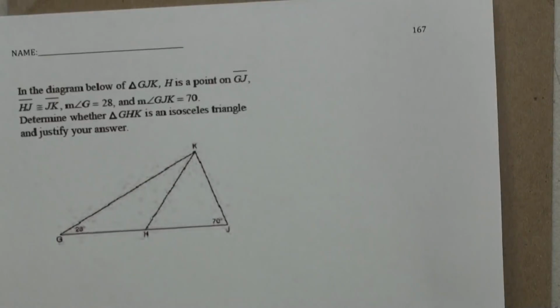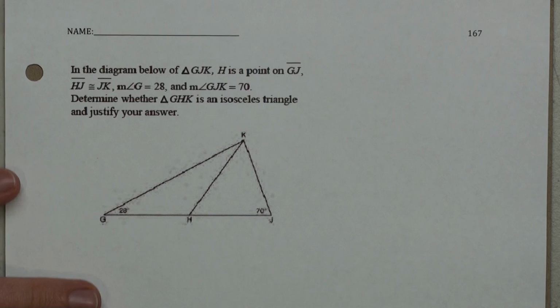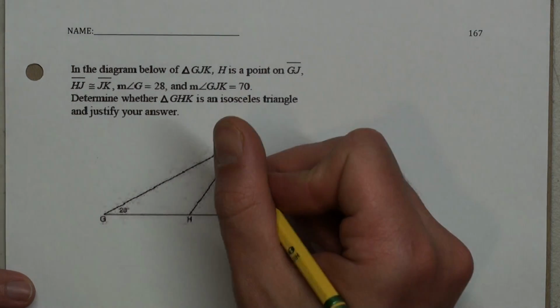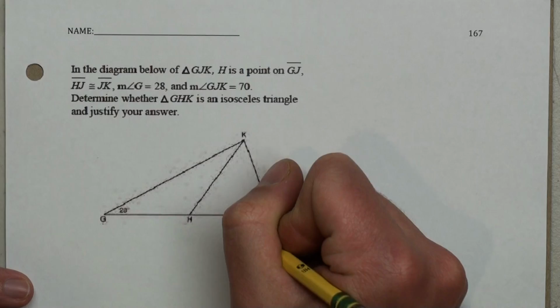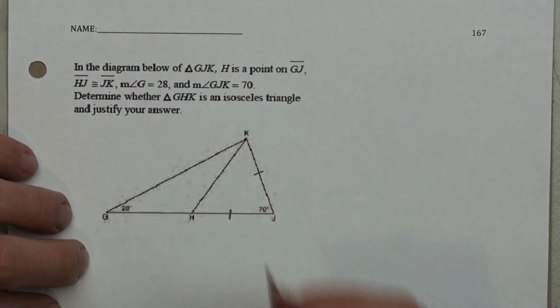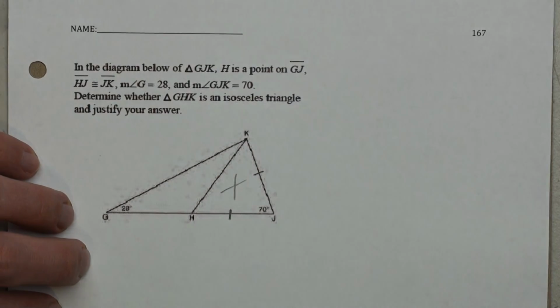Last one for this video. The diagram below of GJK, H is a point on GJ. HJ is congruent to JK. So I can figure out these two angles because they're going to be equal.